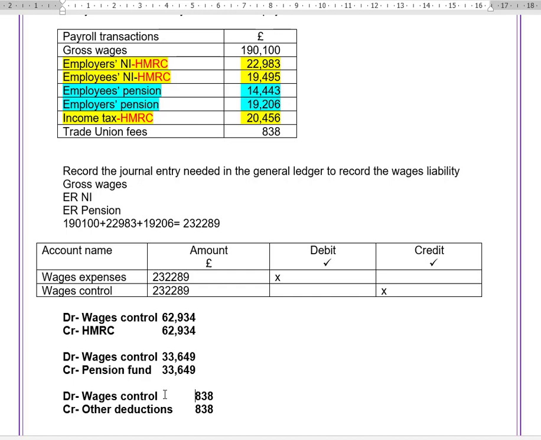Again, I say, when you have to pay, you will credit your bank and you will debit the relevant account or corresponding account. If you are paying pension, for example, you will credit bank and you will debit pension. If you're paying HMRC, you will credit bank and you will debit your HMRC account.